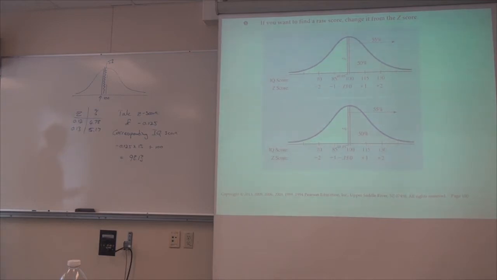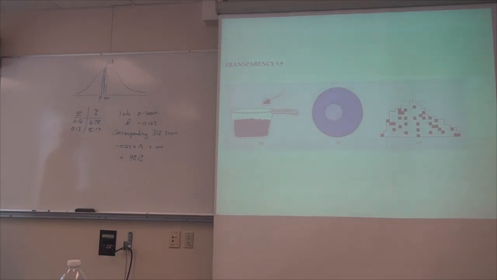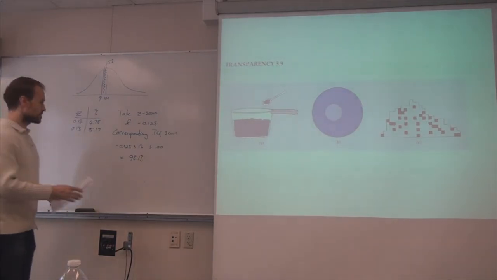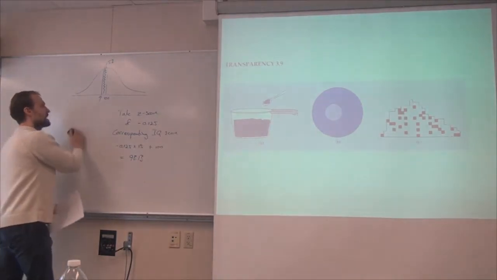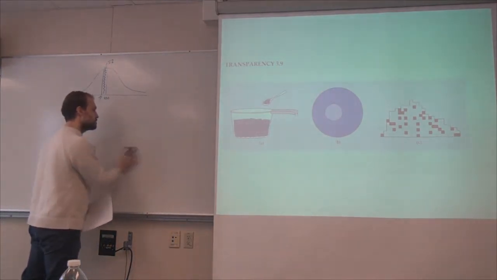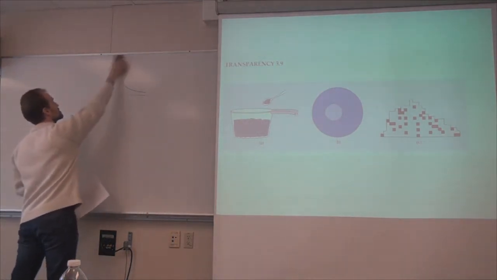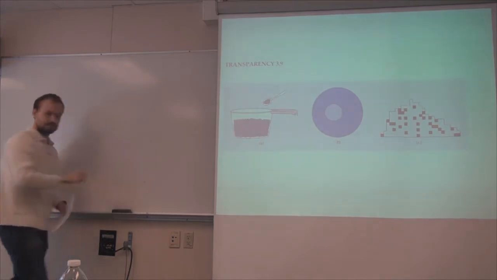I lied a little, we're not done with the chapter, but for the most part, that is the main part of the chapter finished. Just a little bit more to say regarding the idea of a sample versus the population.